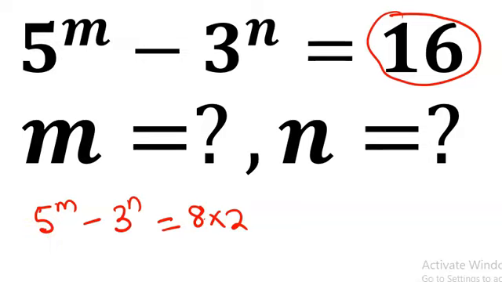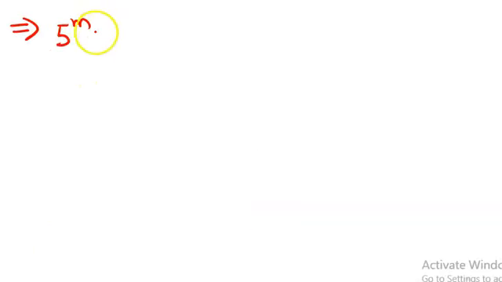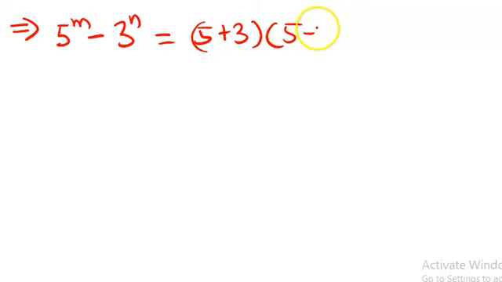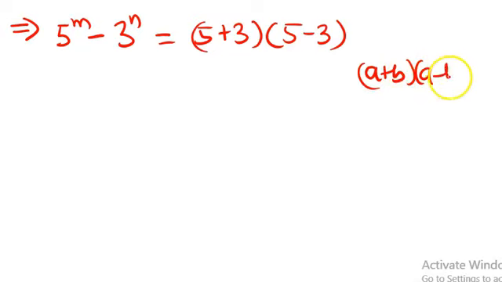So this implies that 5 to the power m minus 3 to the power n will be equal to 5 plus 3 and then 5 minus 3. And this, the right hand side, is a difference of two squares. That's when you have a plus b times a minus b, we are going to get a squared minus b squared.